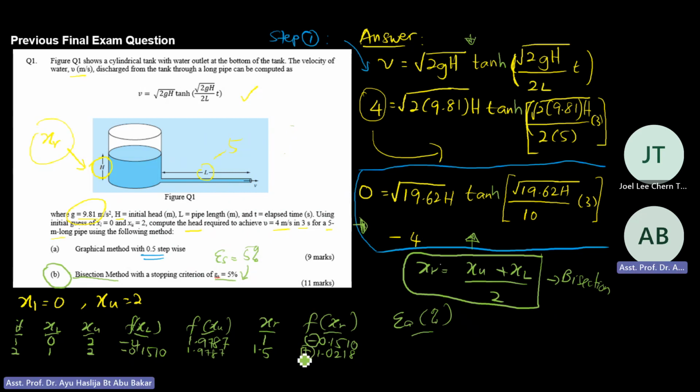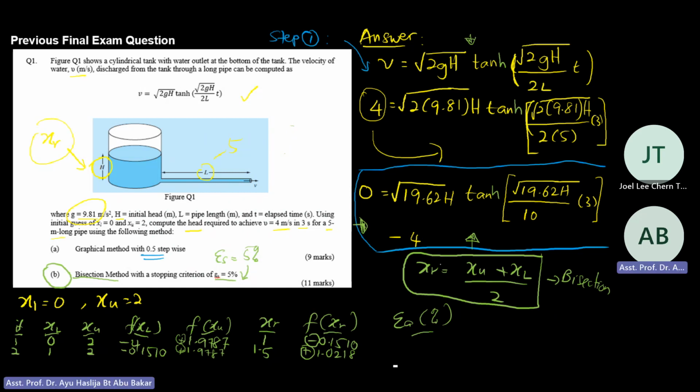So for the third iteration, it will replace FXL or FXU. XU, because XU is positive. So it replaces FXU. So your XR, the 1.5 here, will be the new XU.